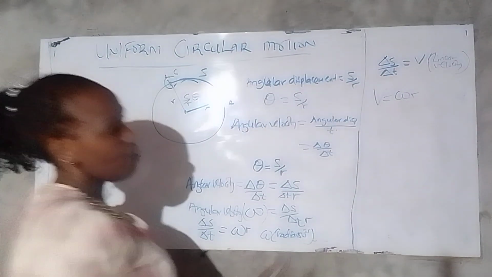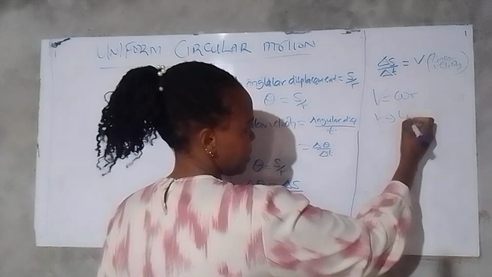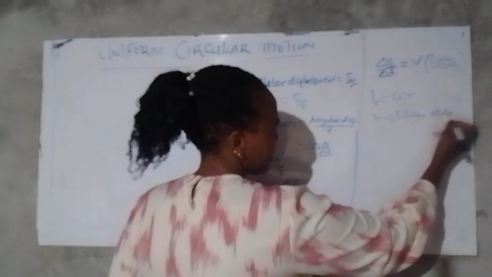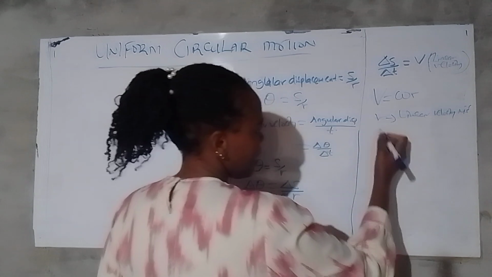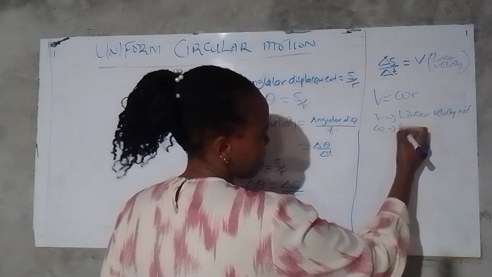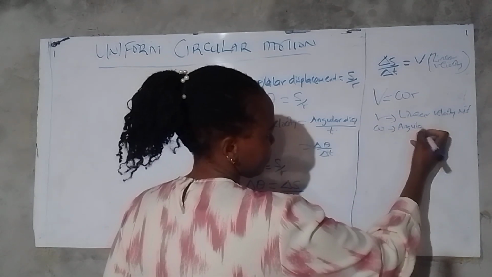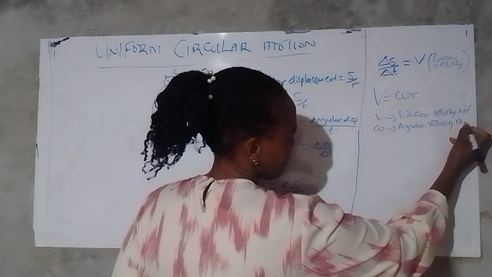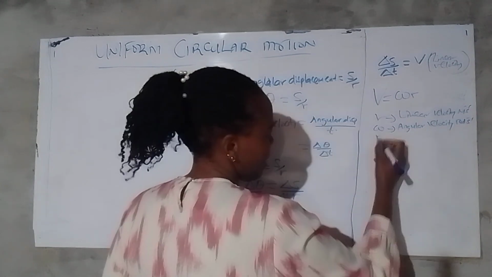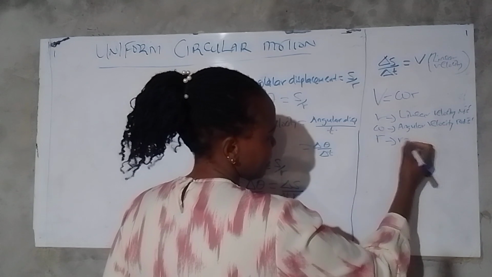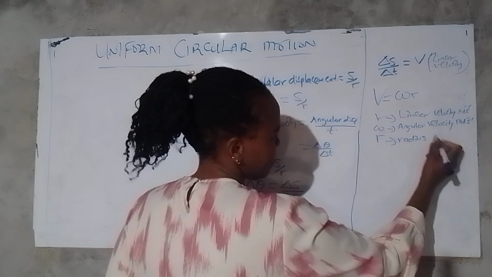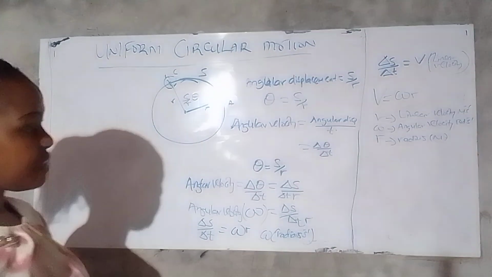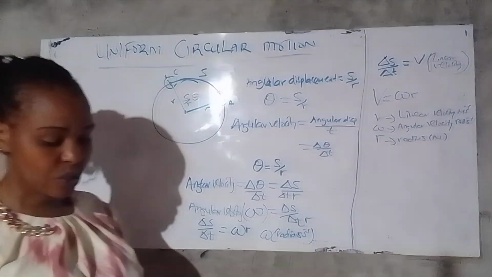Where V is linear velocity in meters per second, omega is angular velocity in radians per second, and r is the radius in meters. So that is very important as we continue with our topic.